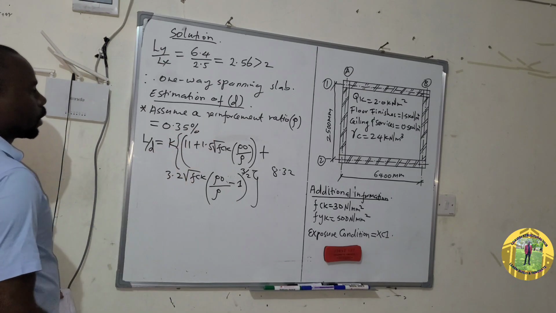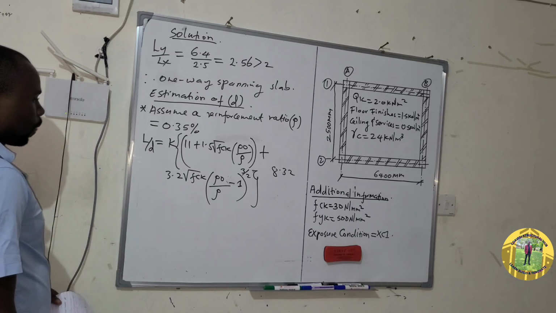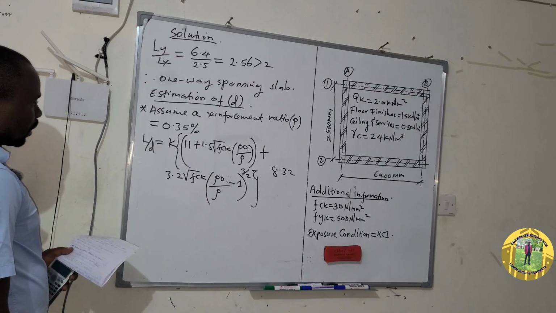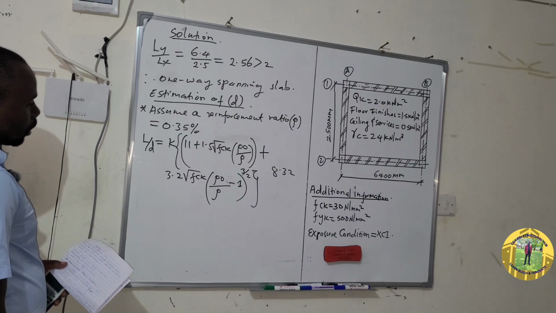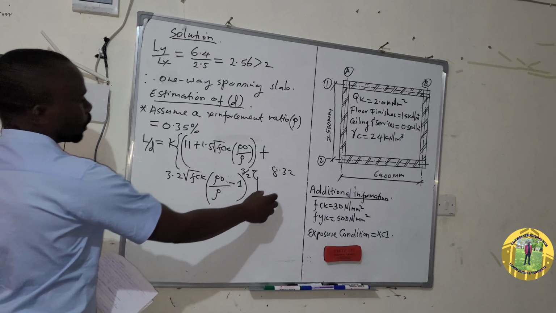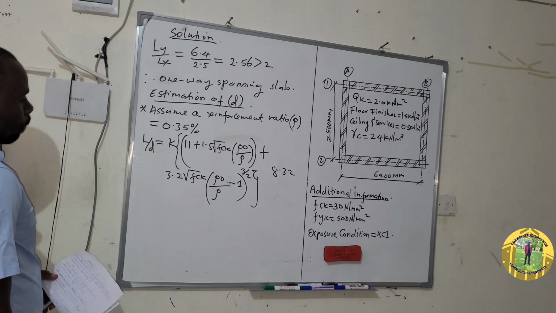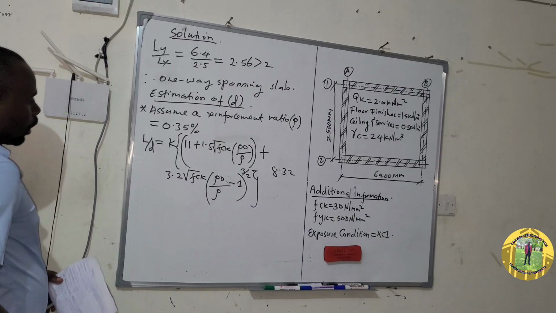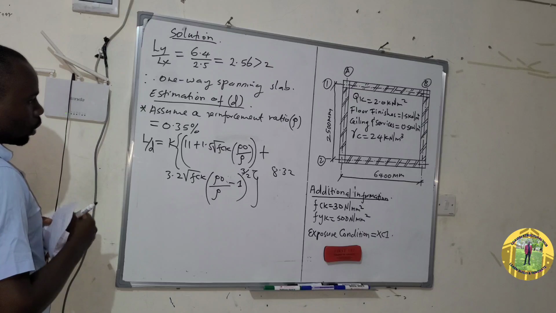After assuming a reinforcement ratio, which is equal to 0.35, the next step is to write the basic length over depth ratio formula or expression 8.32. And after doing so, define the terms in this expression.